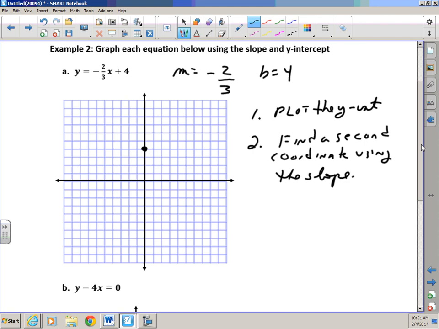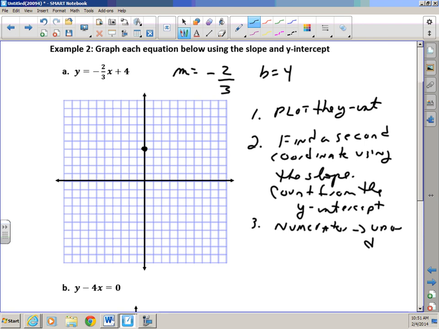Okay? Now, you count from the y-intercept. You don't start at the origin to do this. The numerator for my slope is up or down. So this is telling me 2, I'm going to go either up or down 2. It is your choice.